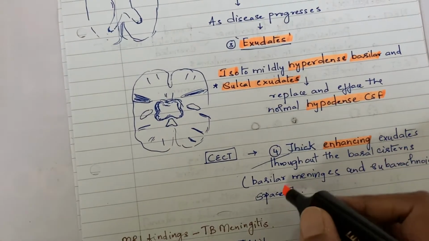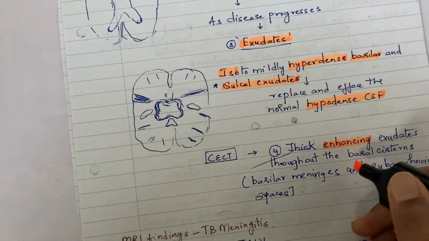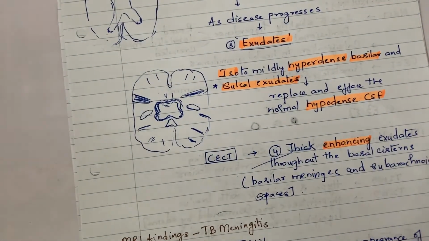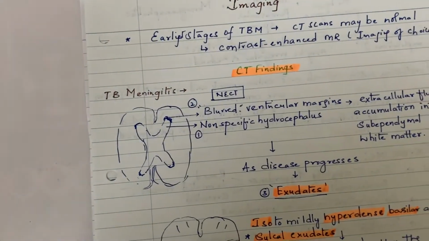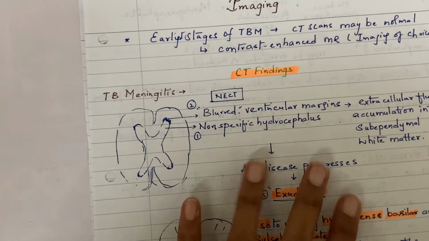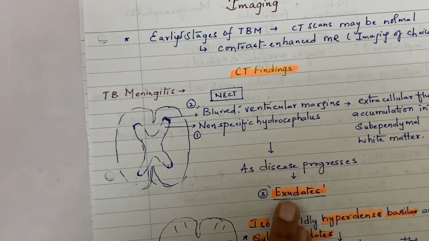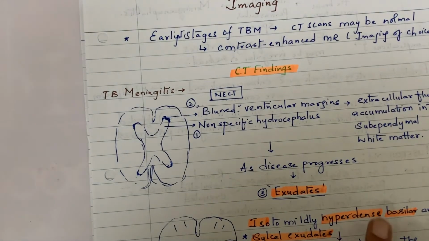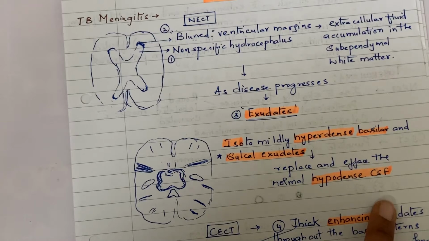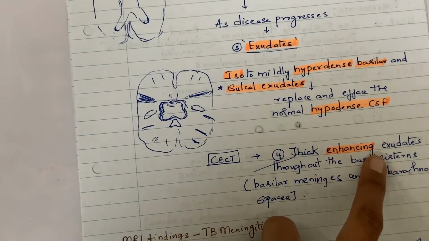So one thing we have to remember in TB meningitis, on non-contrast CT, first there will be non-specific hydrocephalus with blurred ventricular margins. Then as the disease progresses, we have exudates which are iso to mildly hyperdense, and they replace and efface the hypodense CSF. And when you give contrast, they enhance.